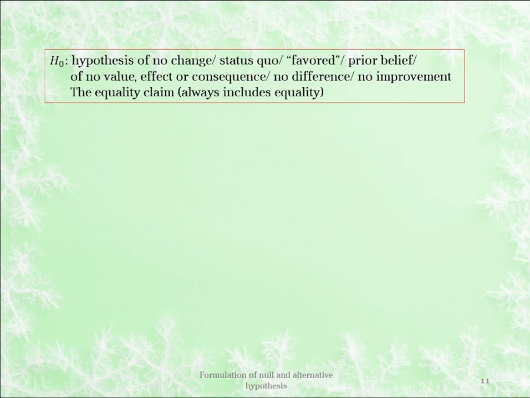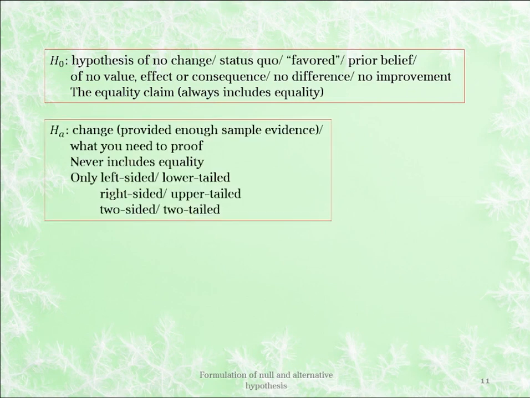So we can call it any of these things, or we can just call it the null hypothesis. Whereas the alternative hypothesis is indicating to us that there's been a change. So this is the thing that we need to prove, that we're interested in, and it can never include an equality. So the alternative, like we said, can only be left-sided, right-sided, or two-sided.